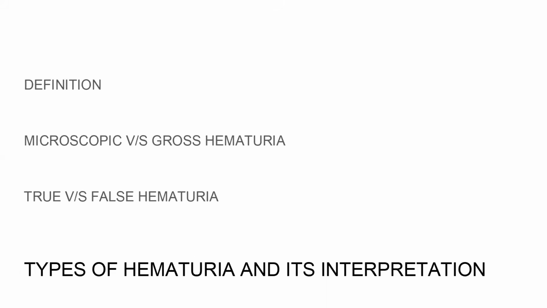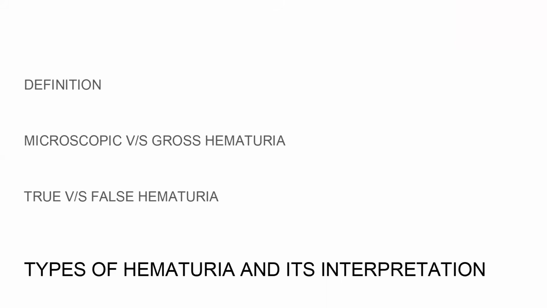Ashay, what is the definition of microscopic and gross hematuria as per the guidelines given in the books, and what is true versus false hematuria? Sir, microscopic hematuria is the presence of greater than or equal to 3 red blood cells per high power field on urine microscopy in a properly collected urine sample. Gross hematuria is red urine that is visible to the naked eye.